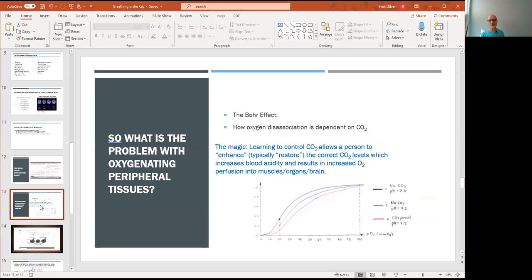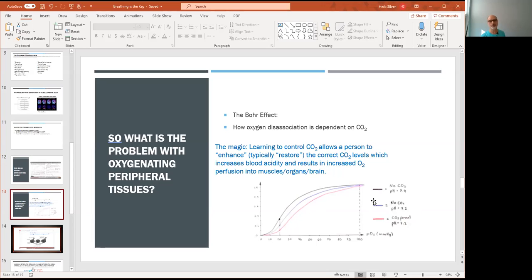So a little bit easier graph to look at is this one. This is showing what happens when you change the acidity without CO2, and then when CO2 is present. Even changing the acidity makes a slight difference, but look at the red line, where CO2 is incorporated into the blood to make the blood more acidic, dropping the pH to 7.2.